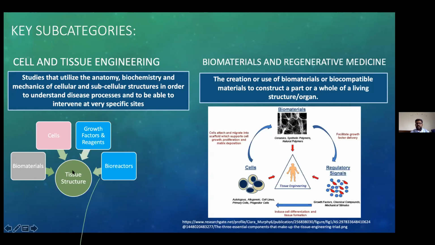On the left here, I have listed four different things that are necessary to develop a tissue or a structure. One, you need a biomaterial of some sort, and that depends on what kind of tissue you're trying to grow. You will need cells, which again depend on the specific cells of the organ or tissue you're trying to grow. There are very specific growth factors and reagents that are necessary to do these things. And then you need an environment to be able to grow them.